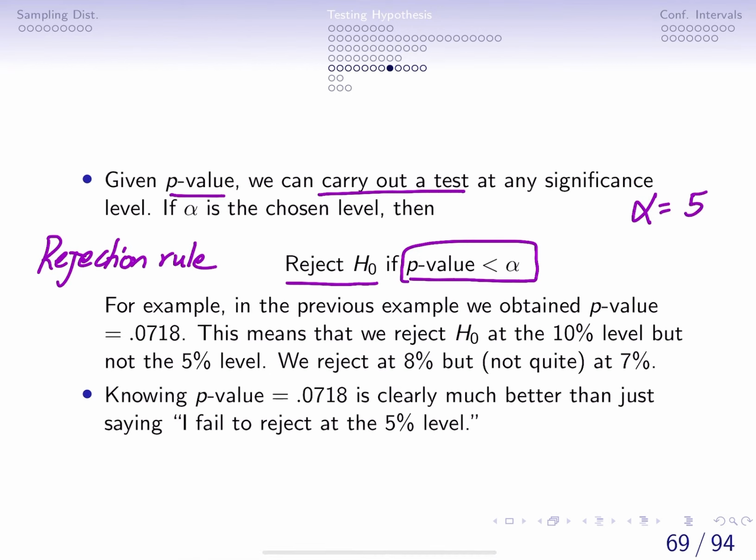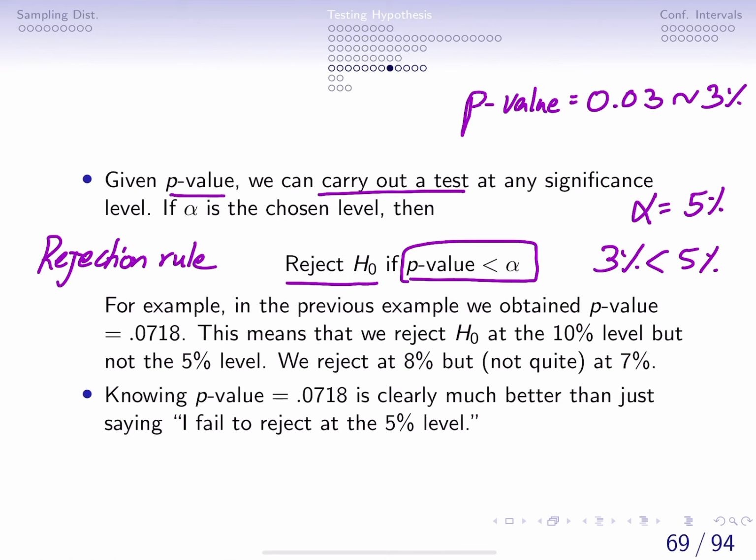So if you're carrying out the test at 5% and the p-value is 0.03, which is 3%, we're saying that 3% is less than 5%, and so we would reject the null, okay? If the p-value was greater than 5%, then we would fail to reject the null.